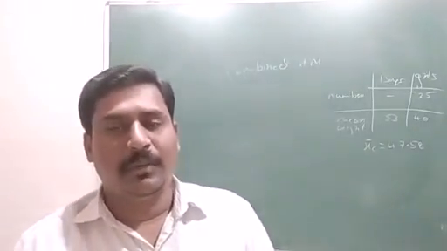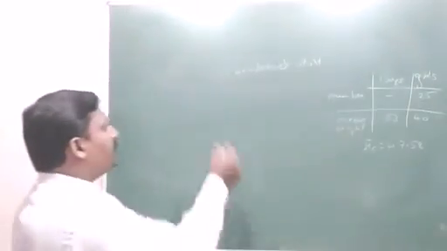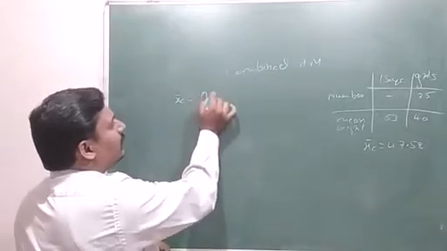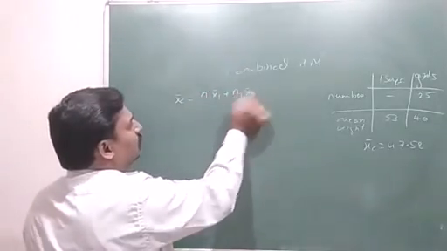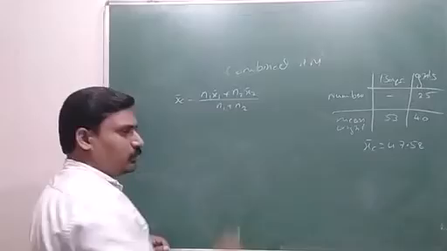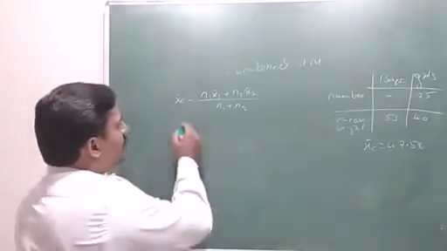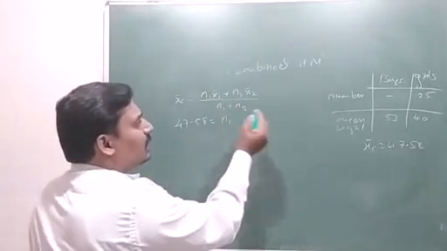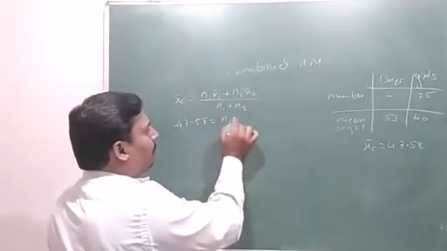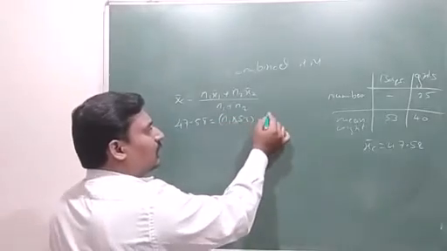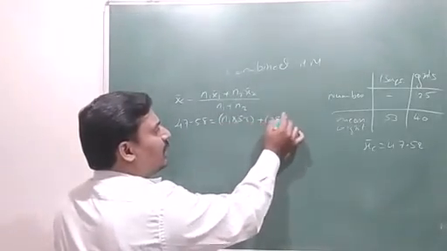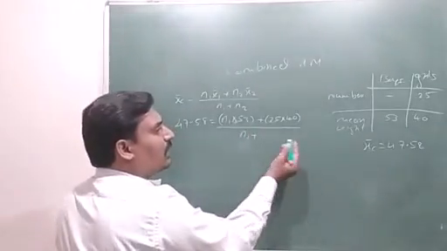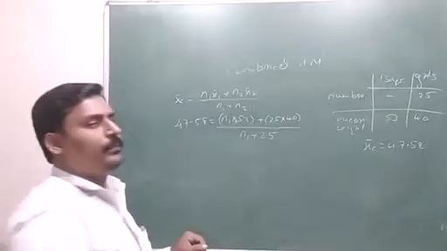So we have this information. With the help of this, let us calculate the number of boys. So x bar c is equal to n1 x bar 1 plus n2 x bar 2 divided by n1 plus n2. So 47.58 is equal to n1, which we don't know, just write it as n1, into 53, plus n2, which is 25, into 40, divided by n1 plus 25.